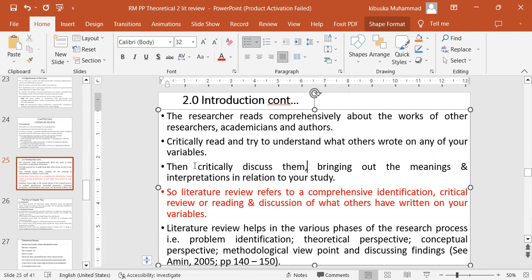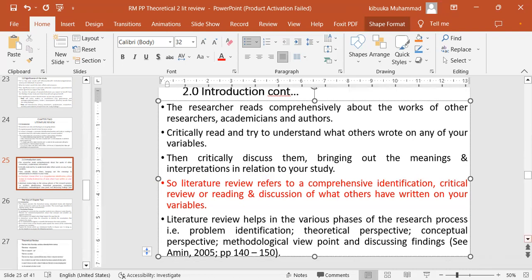Your writing should be a discussion of what you have read. Remember, we said you are participating in the debate, so it is a discussion where you bring out the meanings and the interpretations in relation to your study. How does the idea you have read relate to your study problem? Sometimes we may emphasize the issue of how it explains your study problem.